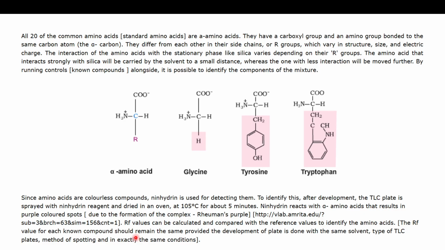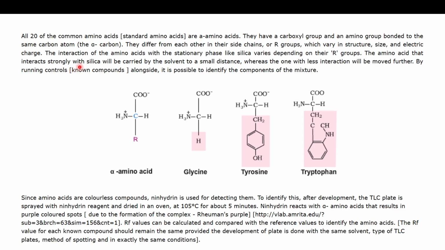Okay. So now for the common 20 amino acids, these are all alpha amino acids because they have a carboxyl group and an amino group bound to the same carbon, the alpha carbon atom. They differ from each other in their side chains or R groups, which vary in structure, size, and electric charge. So the interaction of the amino acids with the stationary phase like silica can vary depending on their R groups.